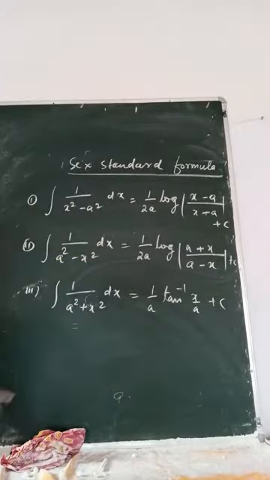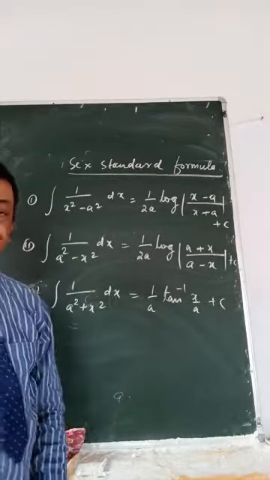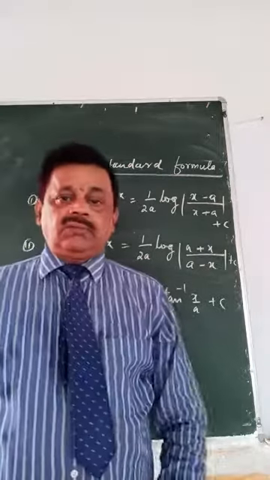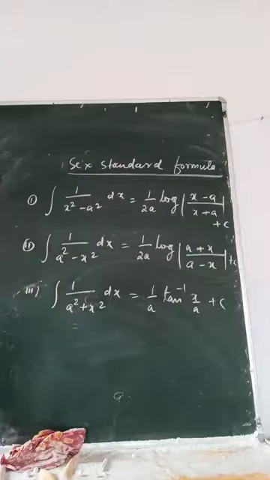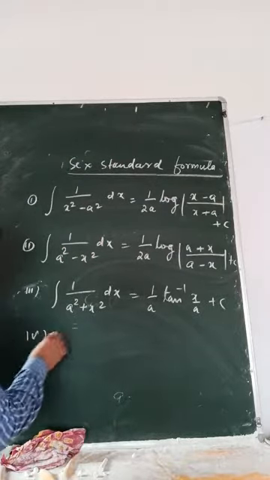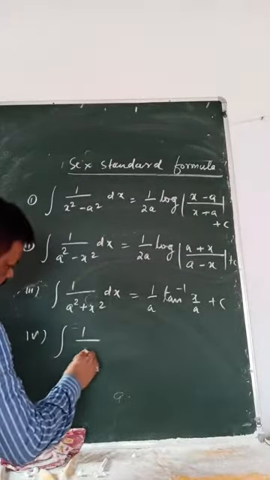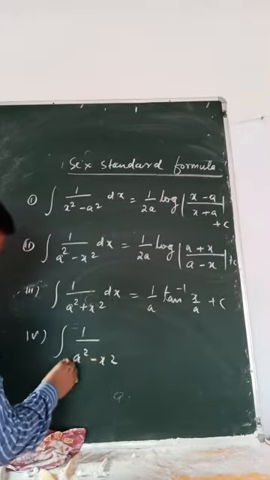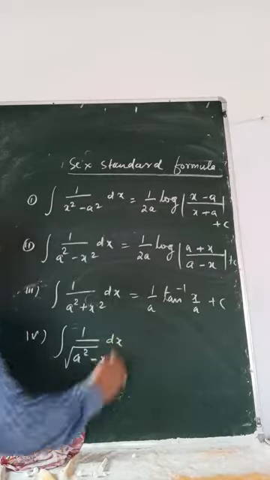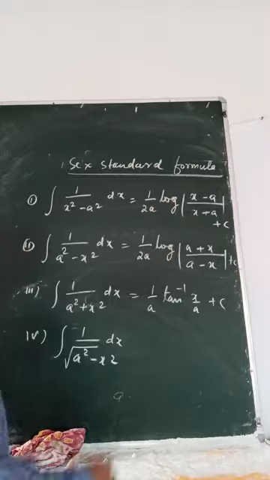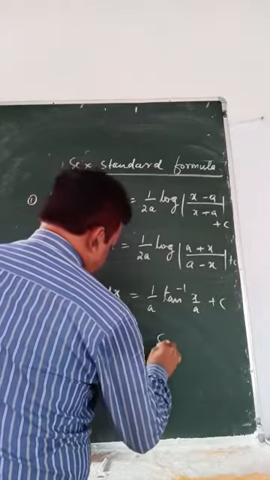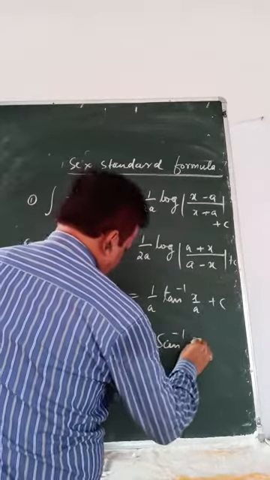These 3 are done. These 3 are without square root. Now we have the other 3 with square root. So 1 by square root of a square minus x square is sin inverse x by a.